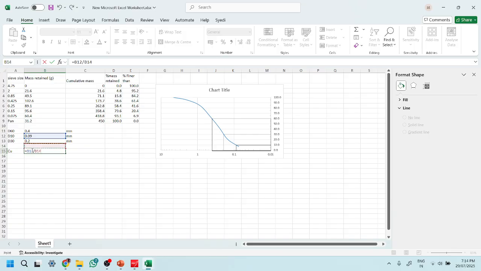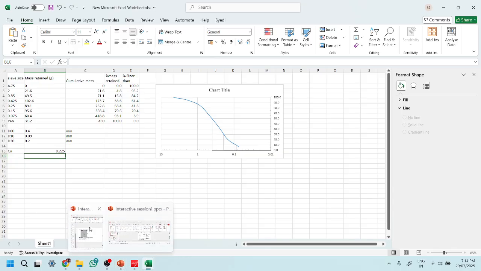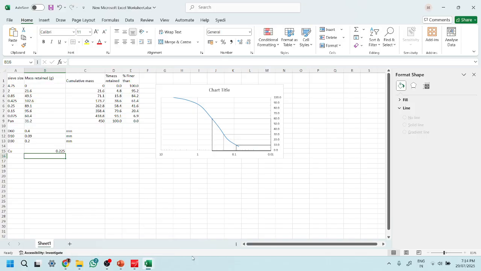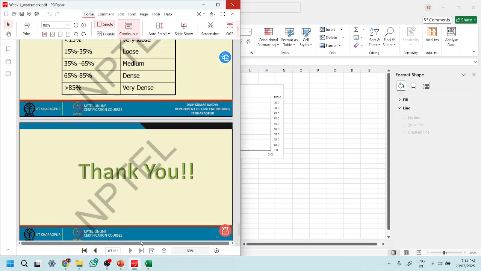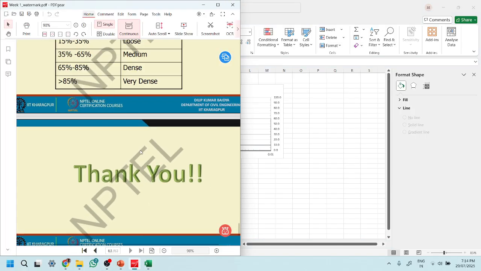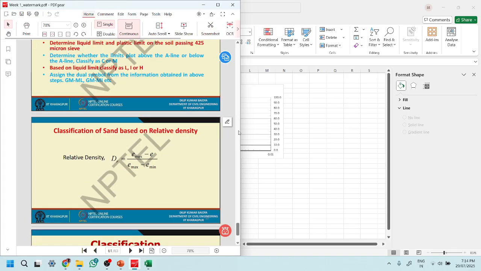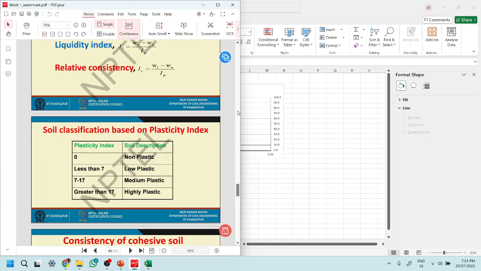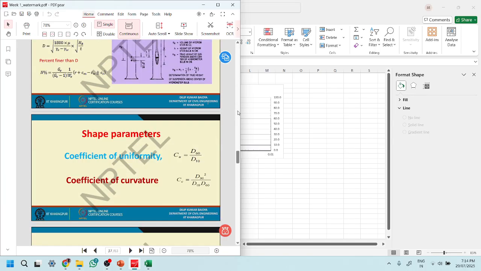D10 by D60. D60 by D10. Let me check. D60 by D10.